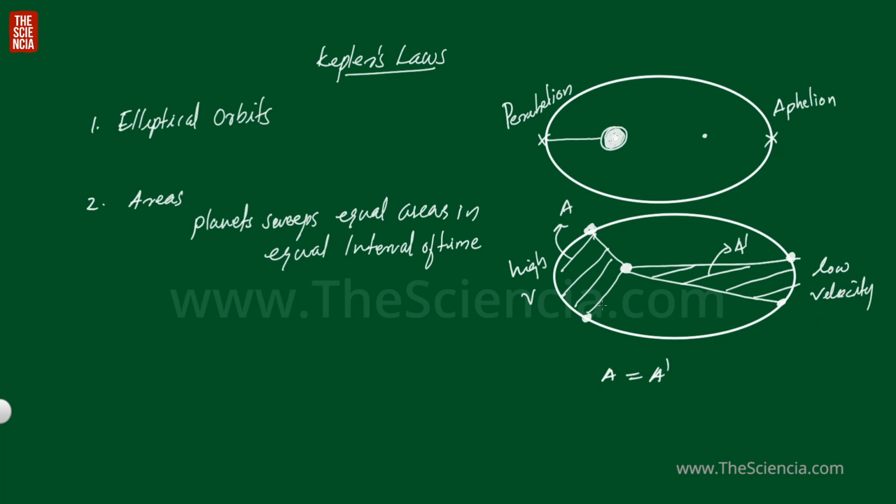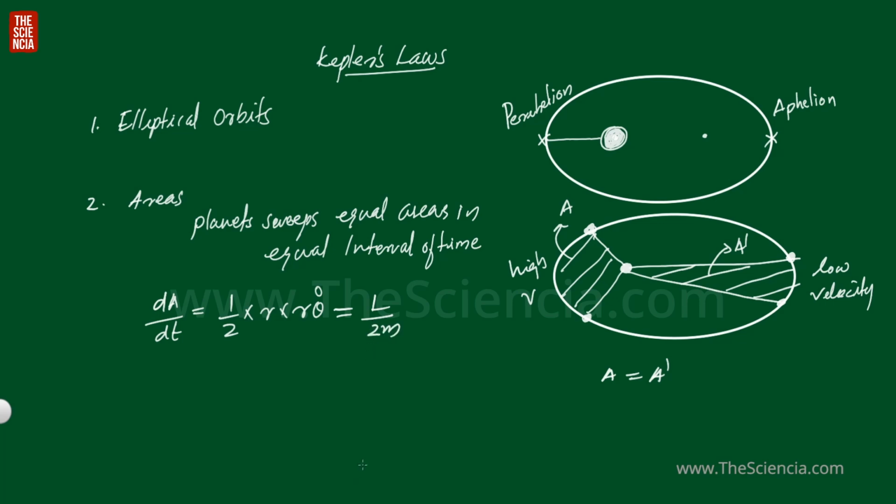Then only the planet sweeps equal areas in equal intervals of time. And from this geometry we can find dA by dt, that is rate of change of area, that we will get as 1 by 2 into r squared theta dot, that is equal to L by 2m.